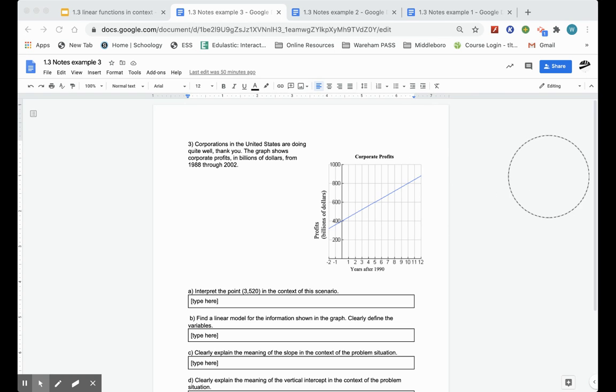All right, so interpret the point (3, 520). If we're going to interpret that, 3 years after 1990, so in 1993, there will be $520 billion in profits.